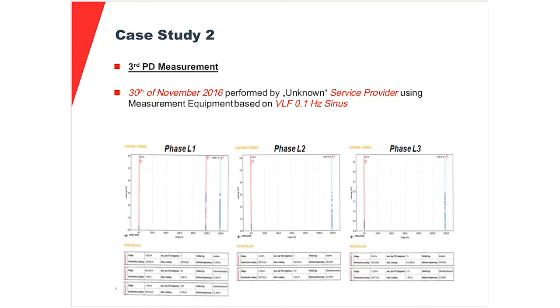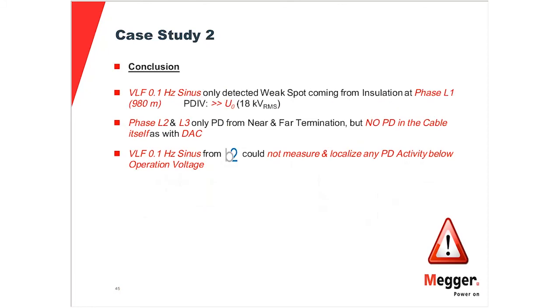What you see here on this bar and this bar, this is the point of connection, that's the far end, and obviously the connection has not been done in a PD-free way. That's why you have here an elevated amount of partial discharge.